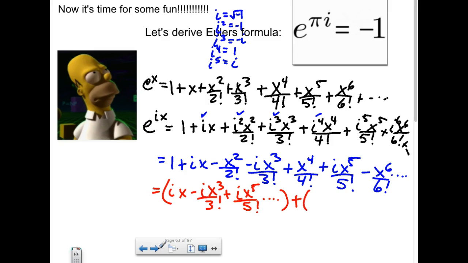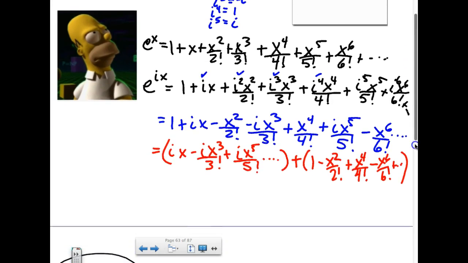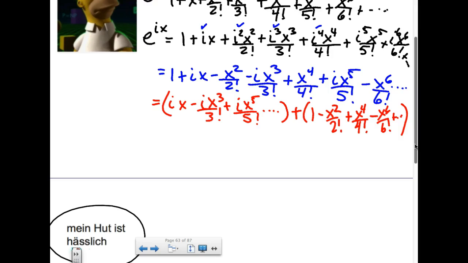All right, the non-i terms, which is a 1 minus x squared over 2 factorial plus x to the 4th over 4 factorial minus that x to the 6 over 6 factorial, which should make the bells in your brain go ding, ding, ding.